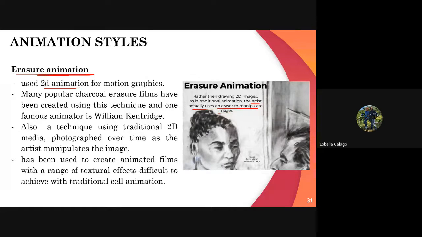It is also a 2D animation wherein ang ginagamit niya is charcoal erasure films. Ang famous animator na gumagamit ng erasure animation is William Kentridge. So it is also a technique used in traditional 2D media, photographed over time as an artist manipulates the image. Ayan.